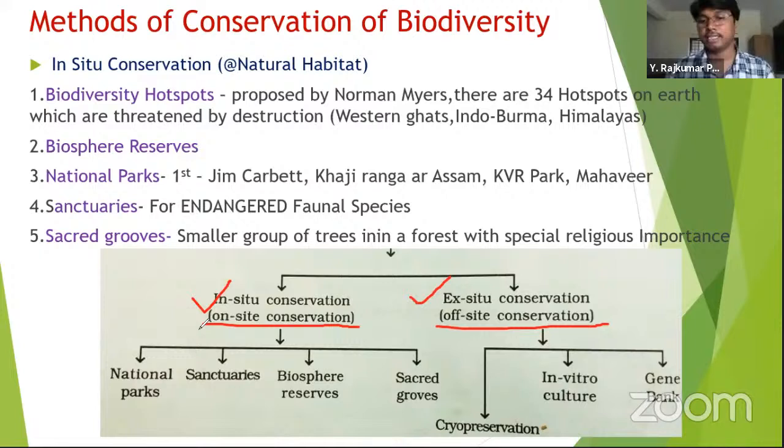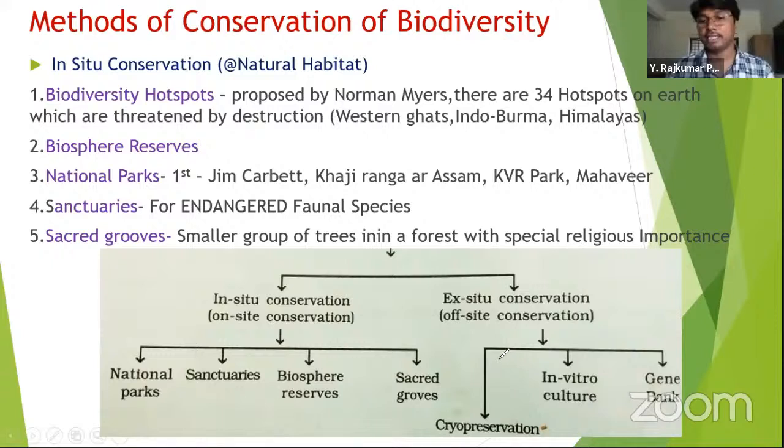Examples are national parks, sanctuaries, biosphere reserves, and sacred groves. Also the biodiversity hotspots. Ex situ conservations are nothing but artificially made atmospheres for the animals. Examples: cryopreservation, in vitro fertilization, in vitro culture, and gene bank. We learn about in vitro culture and cryopreservation and ex situ conservation in the next slide.